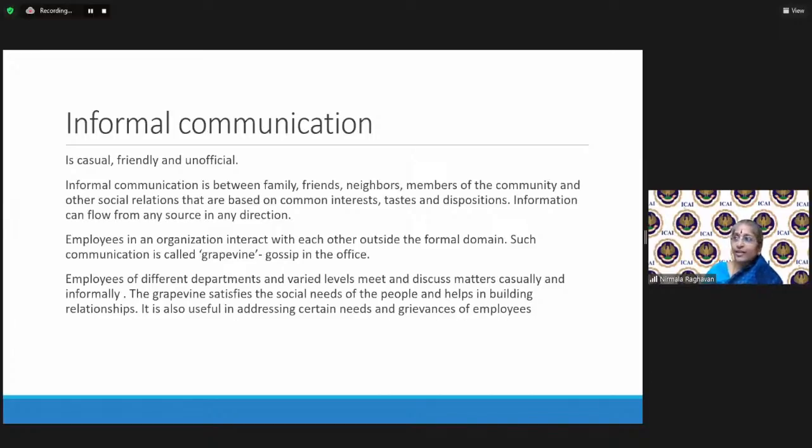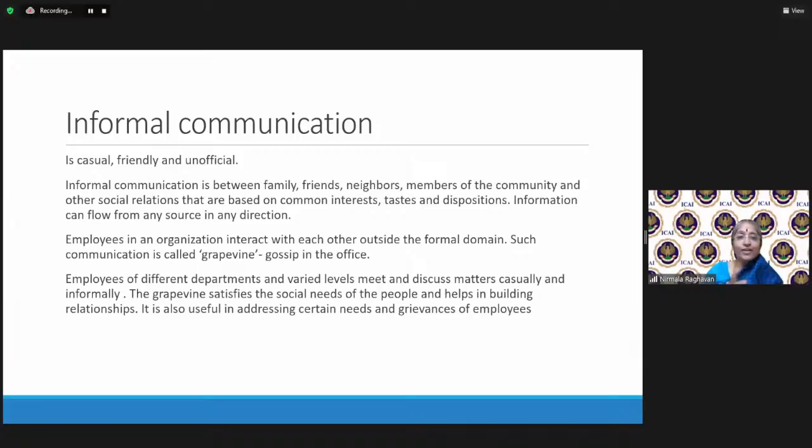Suppose somebody says that they don't have proper devices to work with, the cubicle is not okay, the networking is not good. These such things are discussed about the organization, which, if heard by the higher ups, will get them rectified. It also helps in interacting with each other, satisfying the social needs of the people, and it helps in building relationships, right?